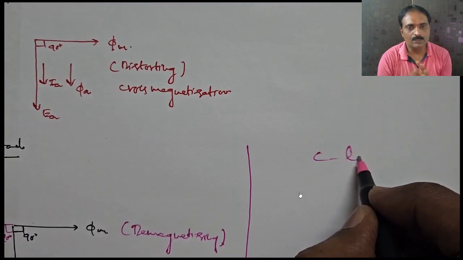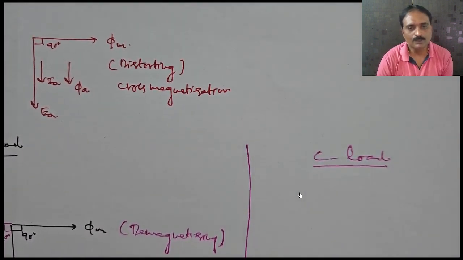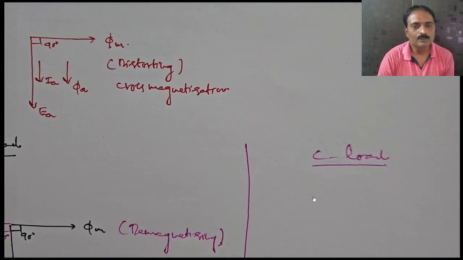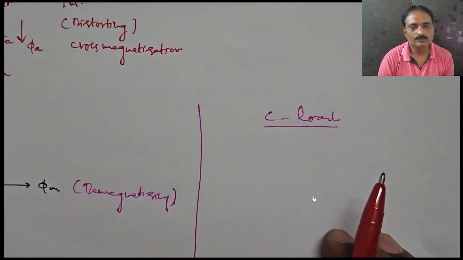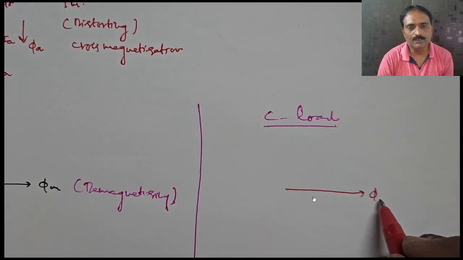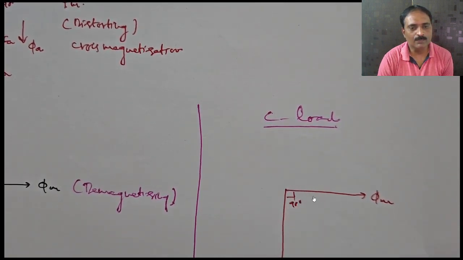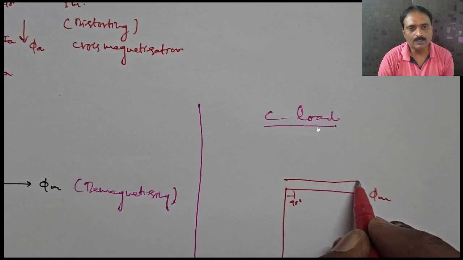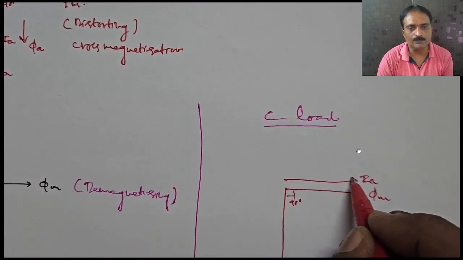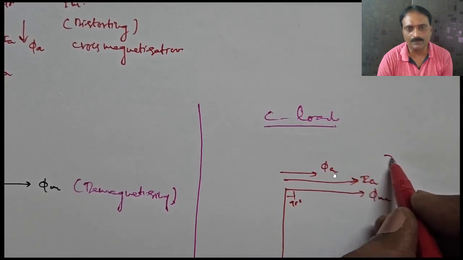Now if you consider a capacitive load, this is the direction of main flux that we have considered earlier also, and this will be the induced EMF EA lagging behind by 90 degrees. And now as the load is capacitive in nature, the armature current is going to lead the voltage by 90 degrees and hence the flux.